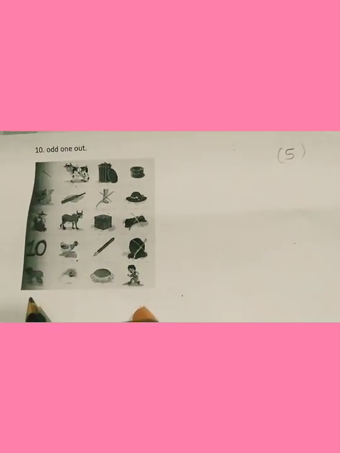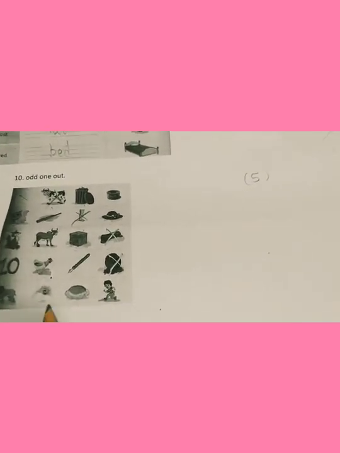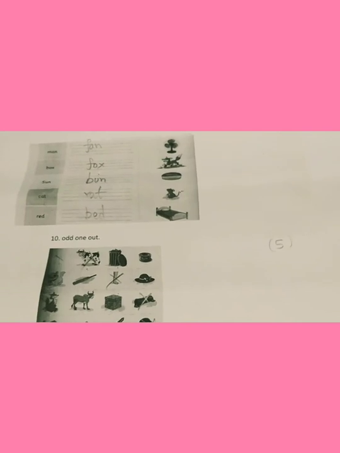Dog, sun, bun, run. And this one is out. That is, dog is out. Sun, bun, run are the rhyming words which we have to keep, and the odd one is out. Okay. Thank you, children.